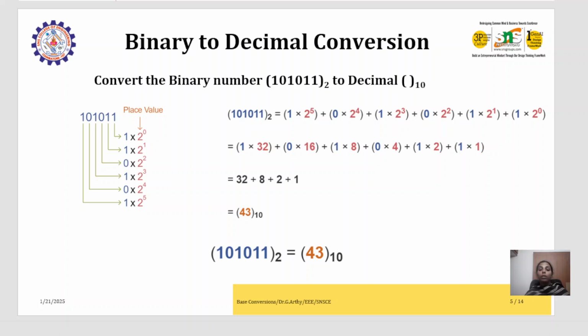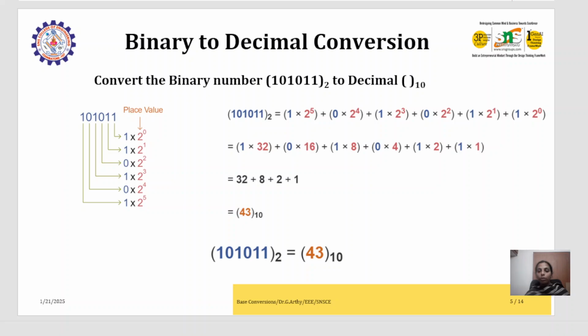It starts from 2 power 0. So this has a weight of 2 power 0, that is 1. This has a weight of 2 power 1, that is 2. This has a weight of 2 power 2. This is 2 power 3, 2 power 4 and 2 power 5. What we have to do is consider each bit and multiply it with its weight.